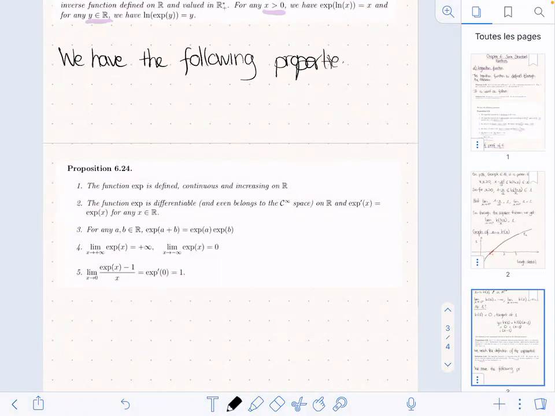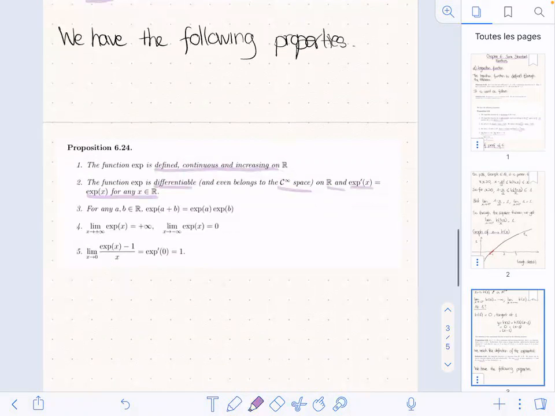If you take a look at them, we have the fact that the function is defined, continuous, increasing on R. It's differentiable and even C infinity on R. The derivative is itself, okay, which is quite a particular property. I think it is the unique function whose derivative is itself.